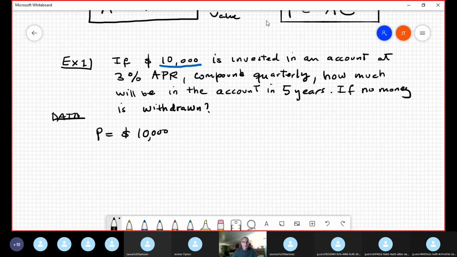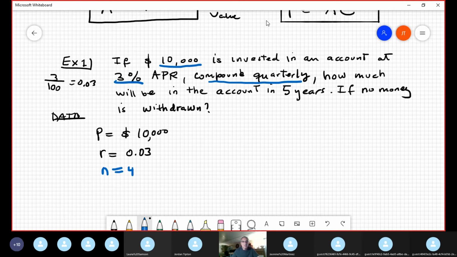The interest rate is 3%, but it's never used as a percent, it's used in decimal, divided by 100, 3 over 100. In decimal, 0.03. You put it in the calculator. One more piece of information: compounding quarterly. That means N is 4.